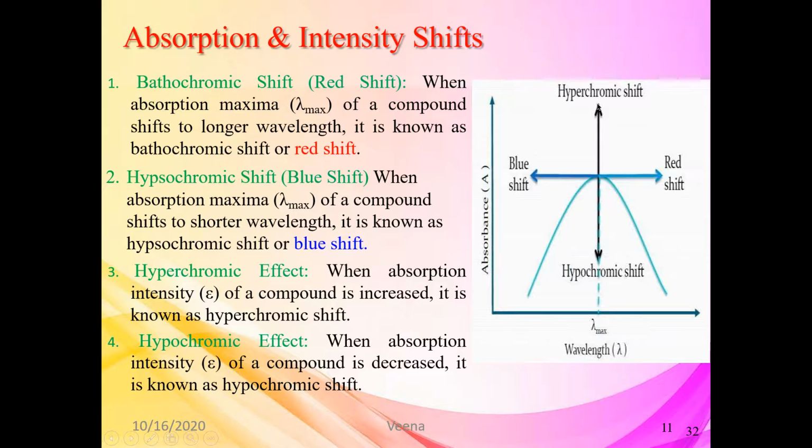Then hyperchromic shift is associated with the increase in the epsilon value, and hypochromic shift is associated with the decrease in the peak height or epsilon value. So if you remember this figure, it is very easy for you to explain these four kinds of shifts that are associated with the UV spectra.